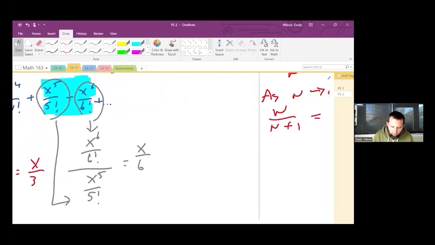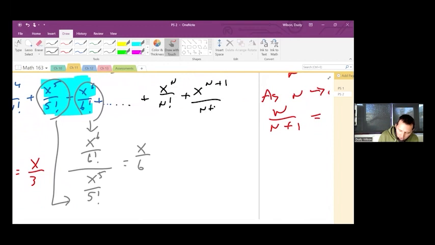And so I think it should be reasonable to see that if we continue this out, dot, dot, dot, eventually we're going to get to an x to the n over n factorial plus x to the n plus 1 over n plus 1 factorial plus dot, dot, dot.